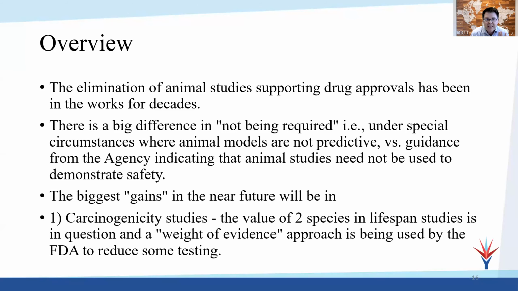So where are the gains? What's going to be gained with this? Some might fear that animal studies aren't going to show up anymore. That's not the case. Your biggest gains are in two places. Carcinogenicity studies: the value of two species in lifespan studies is in question, and the FDA is using a weight of evidence approach to reduce some testing.